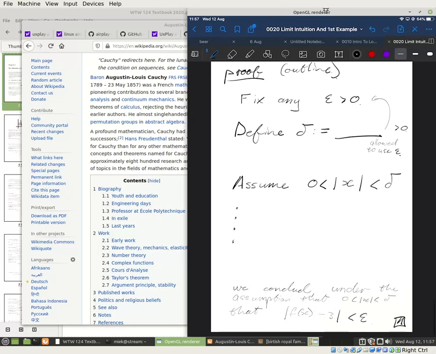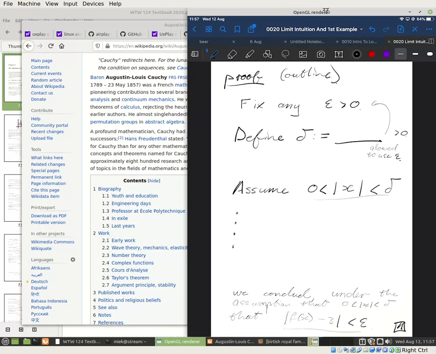So we assume the hypothesis of our implication and we want to conclude the conclusion.